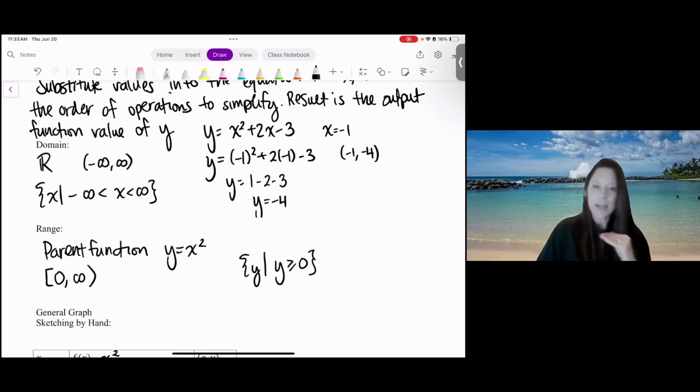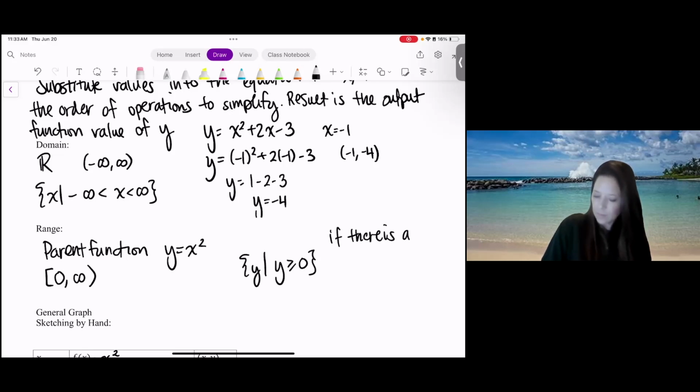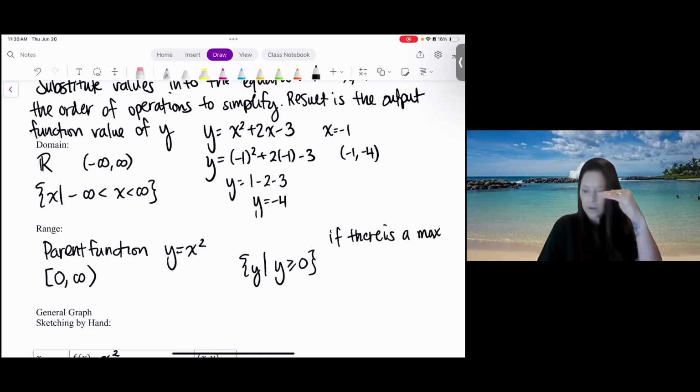So if you have a positive function, let's say your a value is positive, go to the transformation video to learn about what happens with your leading coefficient. So if there is a maximum, your graph is going to go from that maximum value to -infinity.